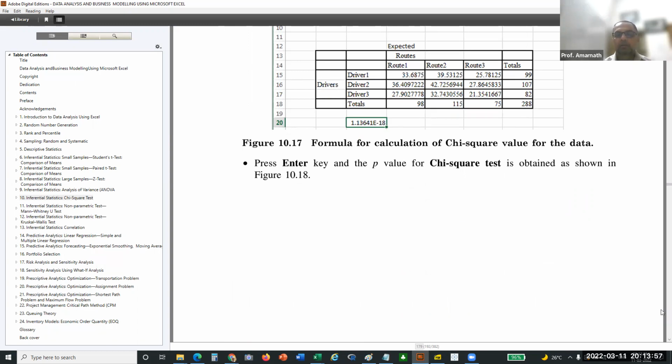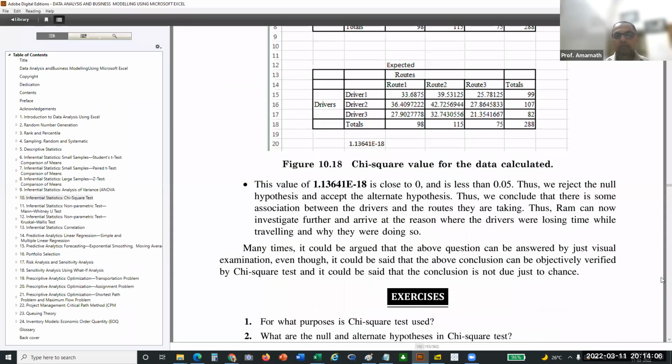Here also it is less than 0.05. Certainly there is a difference. So the conclusion is fine.